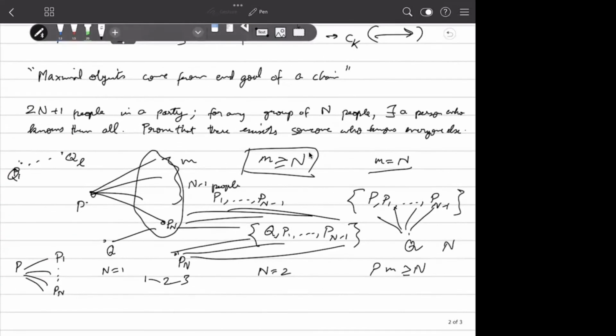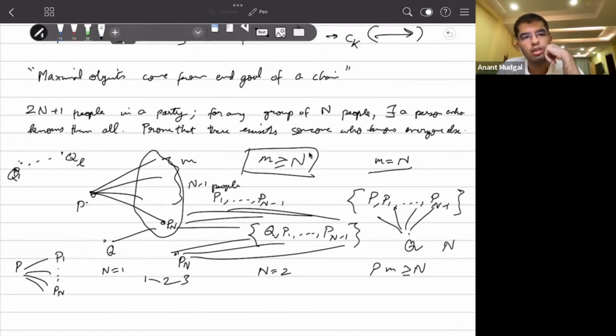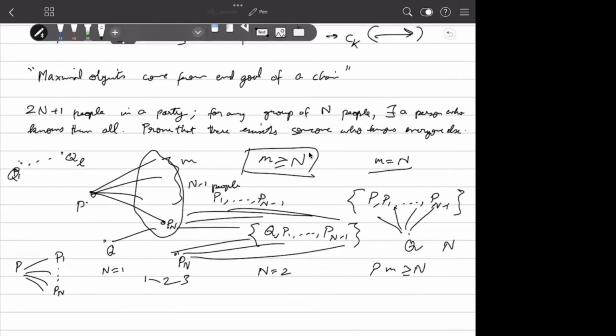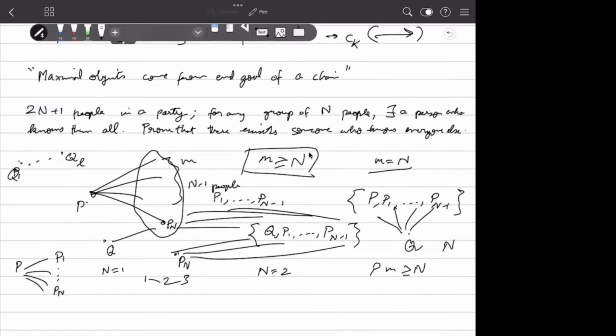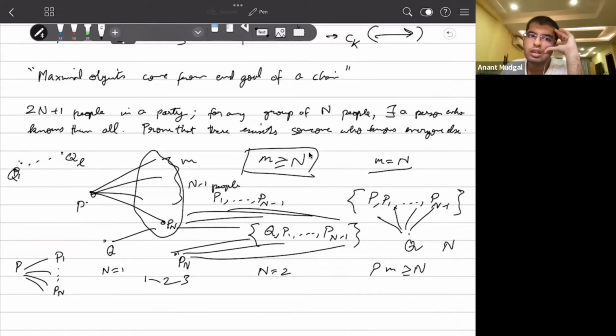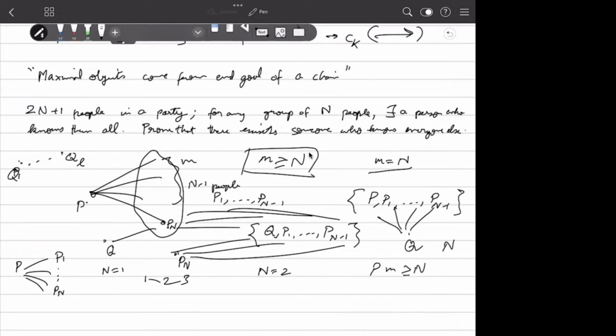I think for n equal to 2, we can use a global idea. So what's the global idea? We have 5 people, and the number of pairings will be 10. For any pair, there is one person who knows everyone in that pair.